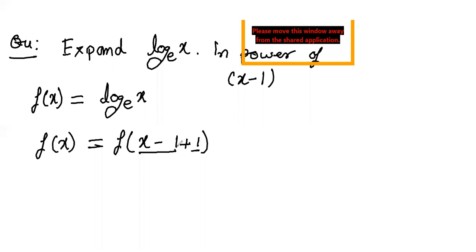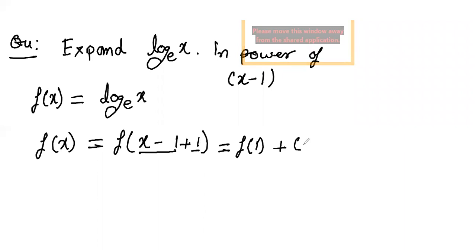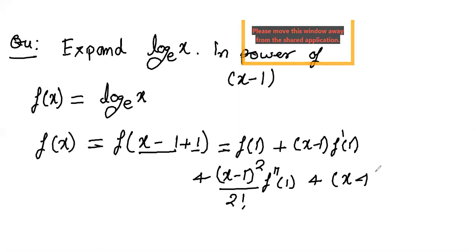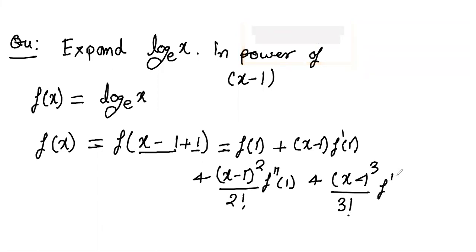So this I can write f of 1 plus x minus 1 into f dash 1 plus x minus 1 square upon 2 factorial into f double dash 1 plus x minus 1 cube upon 3 factorial and f triple dash 1.